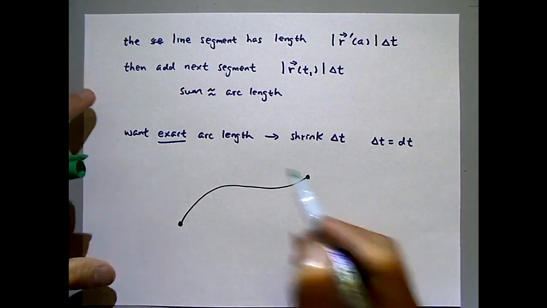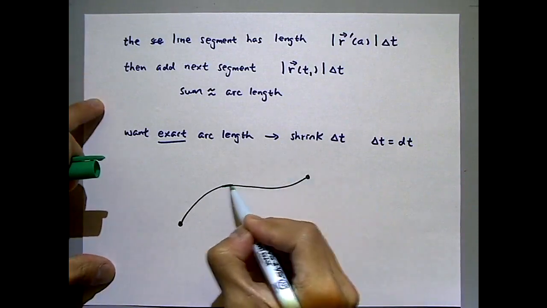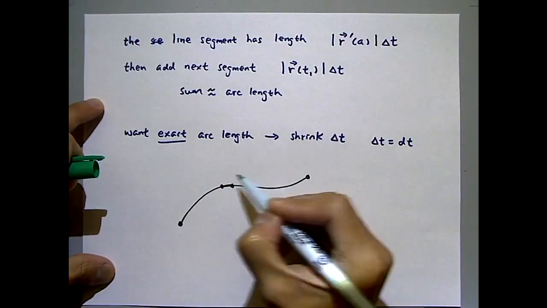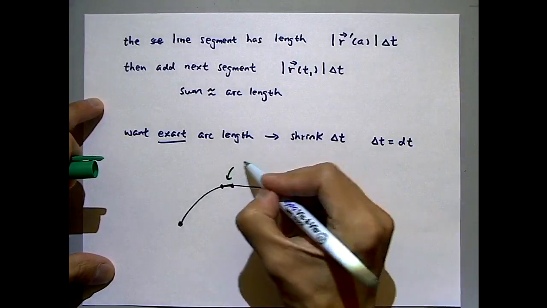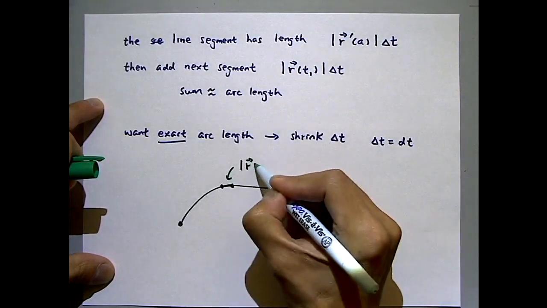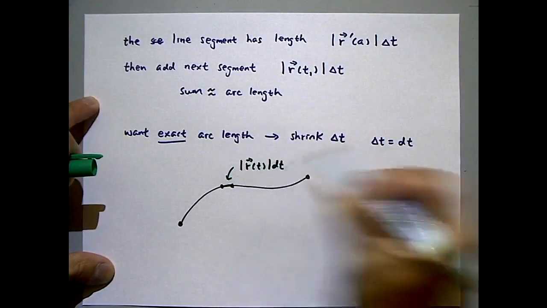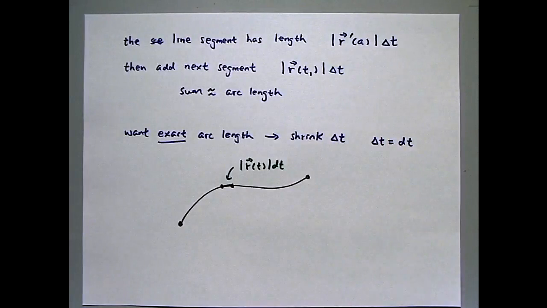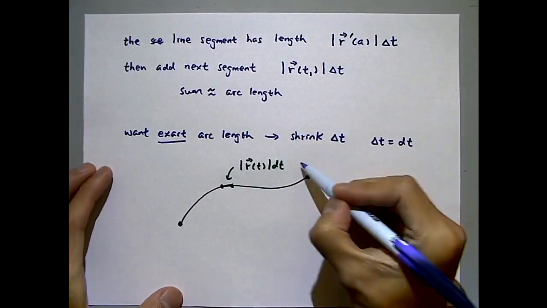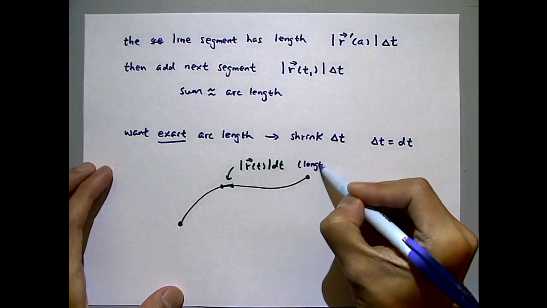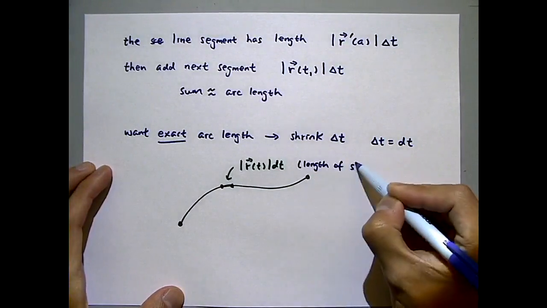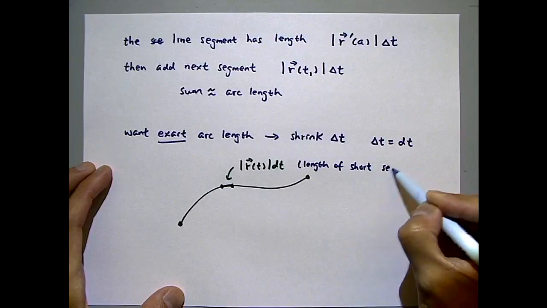So some random segment right here is going to have a length of the magnitude of r prime at some value of t of my choice times dt, right? That's the length of that little green segment, the length of the short segment.